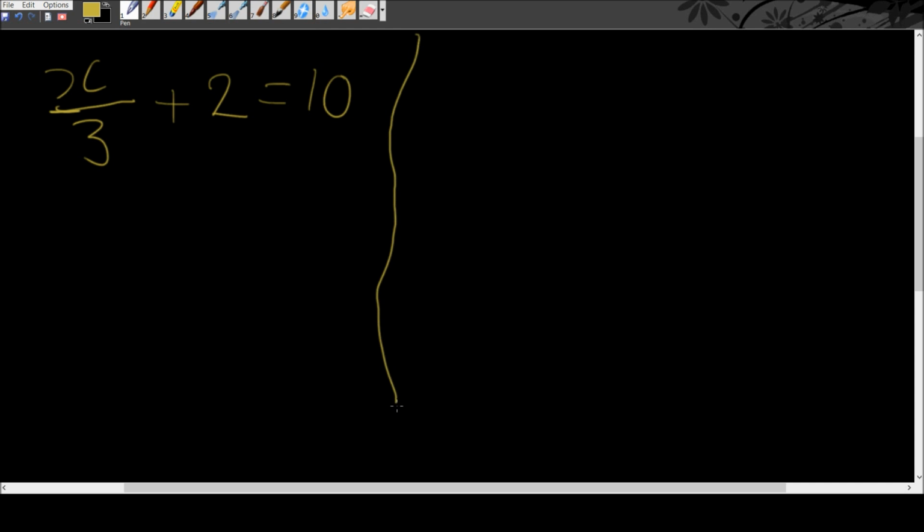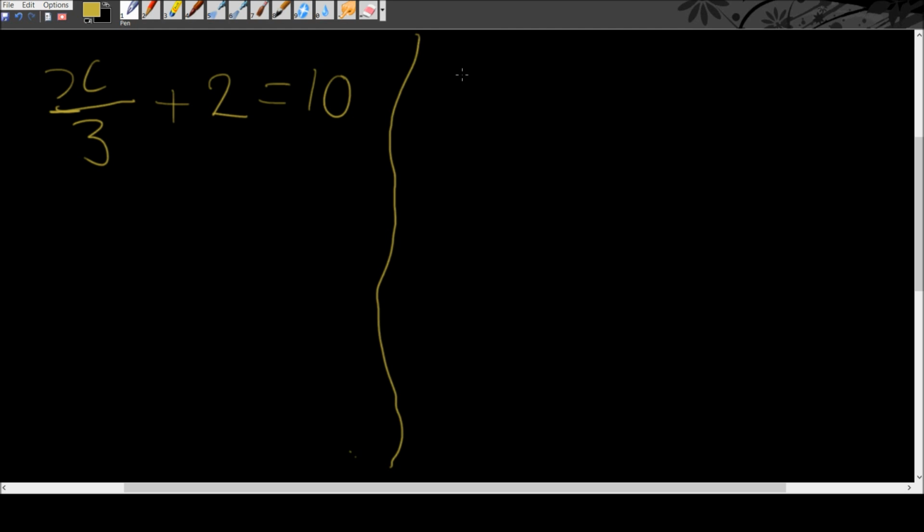So for example, we have x over 3 plus 2 is equal to 10. Let me just divide my screen into 2.